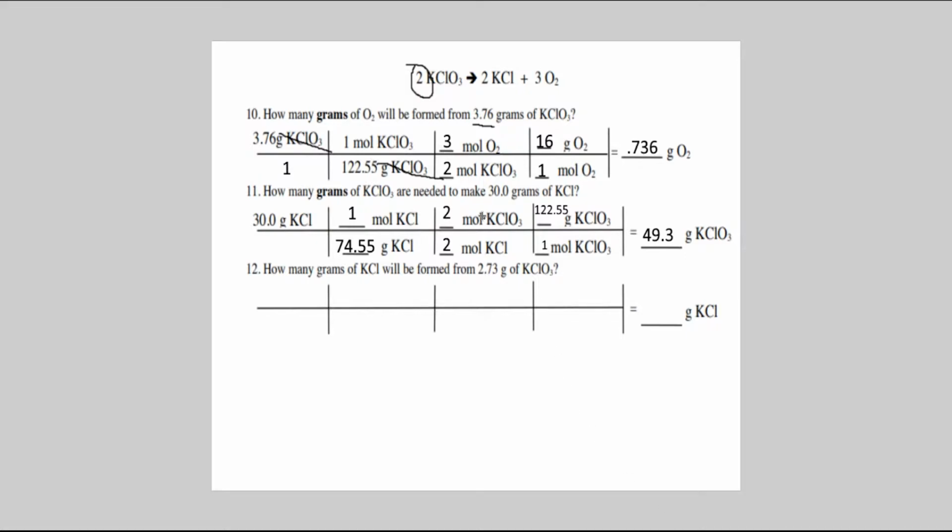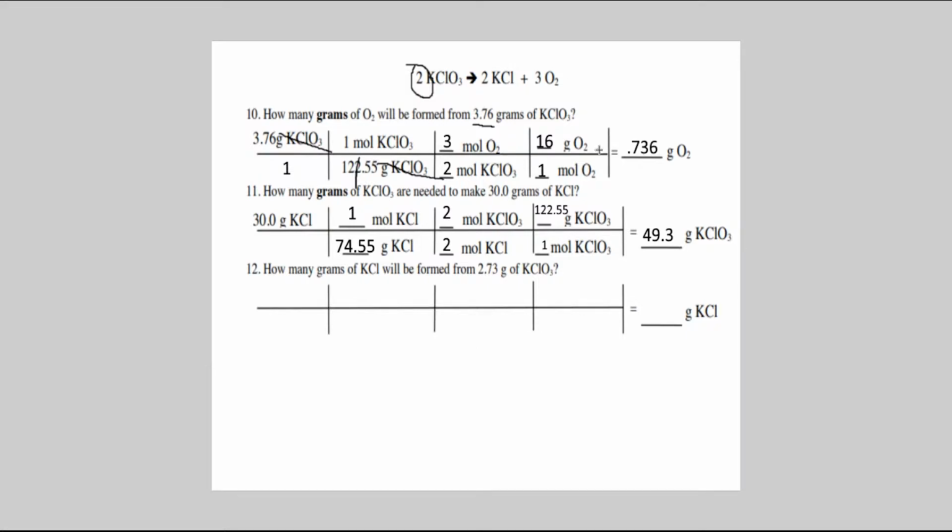So, after we cancel these out, we do 1 mole of KClO3 over this number of grams, because this is a number of grams, and 1 mole of potassium chlorate. I don't know how you would say that compound's name.